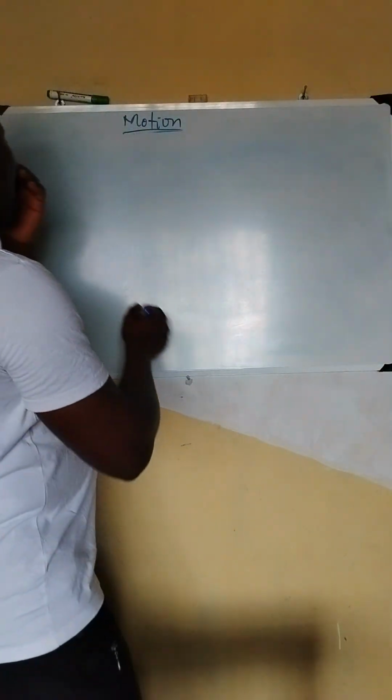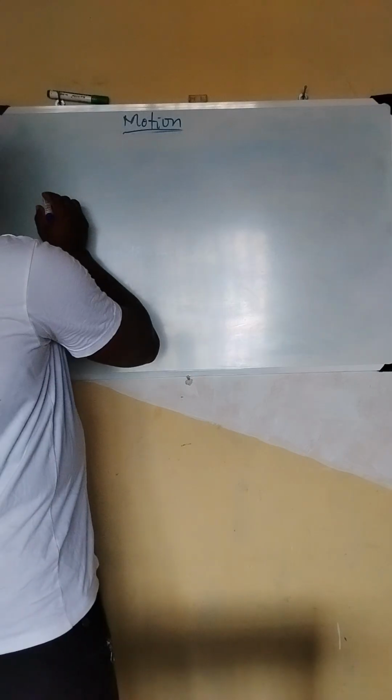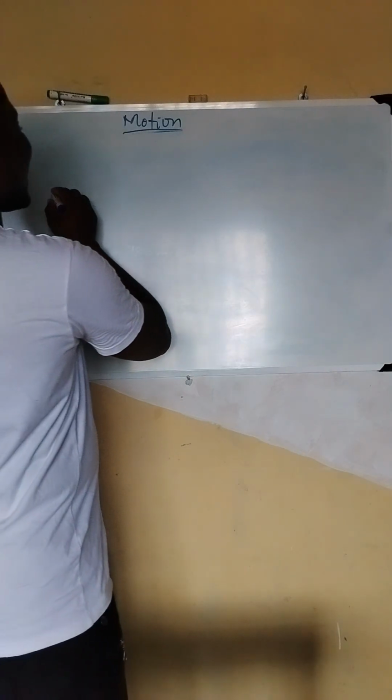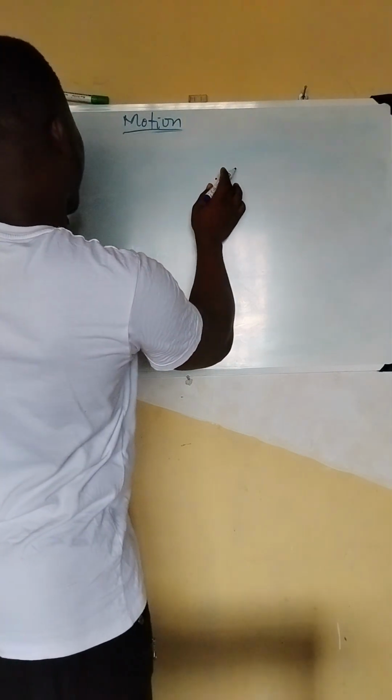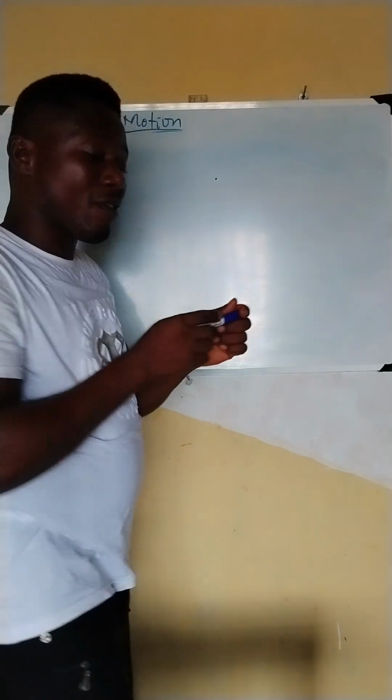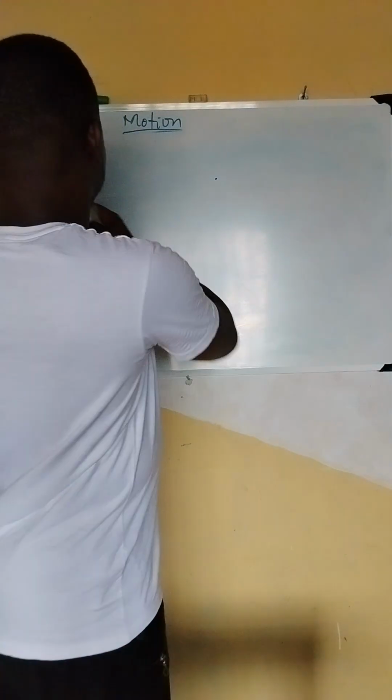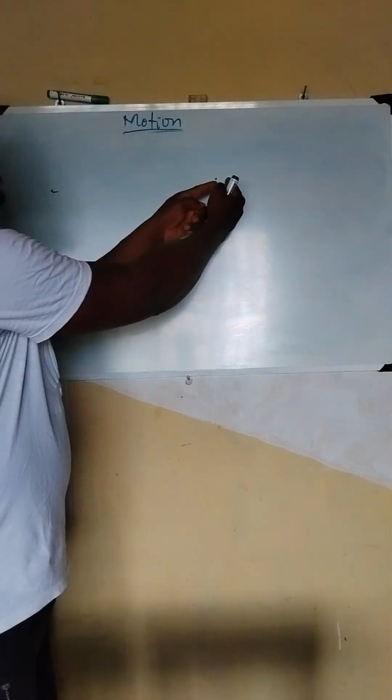What is speed? You can simply put that speed is the change in distance of an object with time. For instance, you have an object that moves from here to here, and you divide the distance that the object covers by the time it takes the object to move from this point to this point.